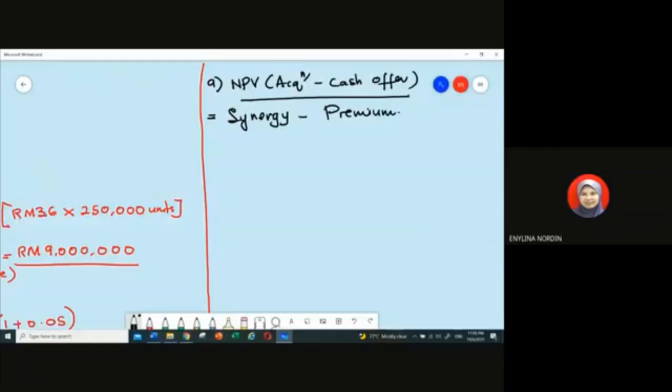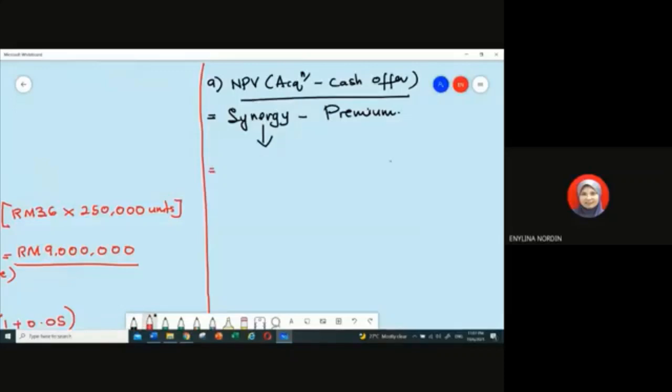But this question does not give you solid information about synergy. We don't have any direct information of the synergy amount from this acquisition. The expected synergy is not given, in other words. So therefore, we need to find out the synergy. How are we going to find it?